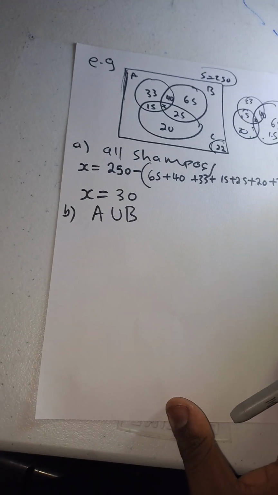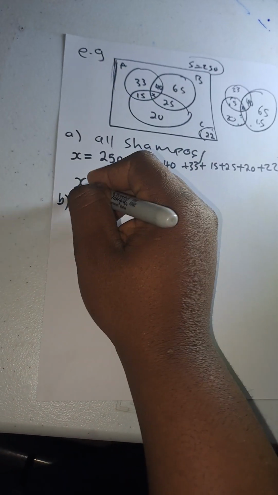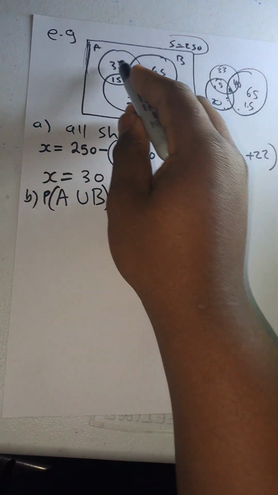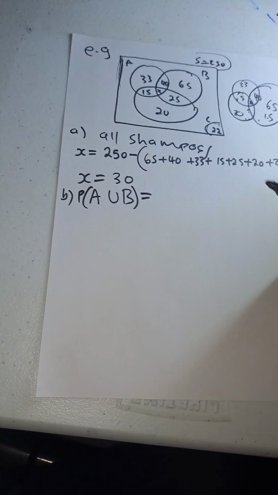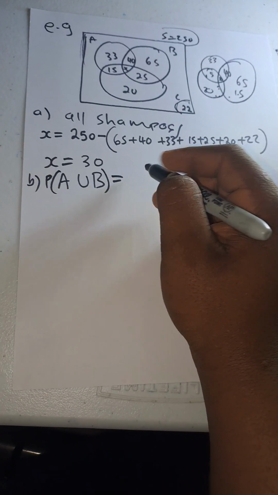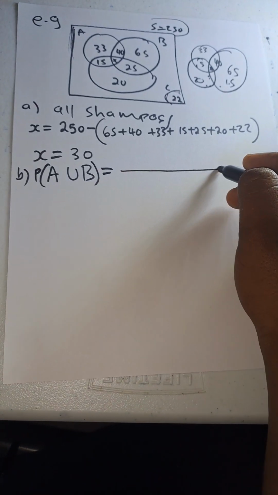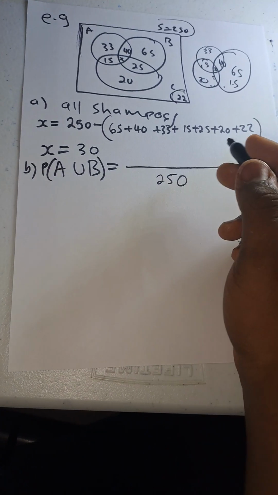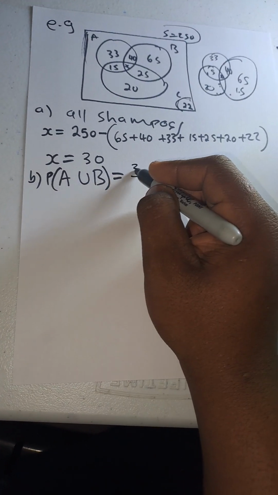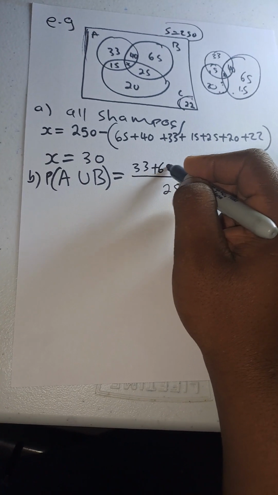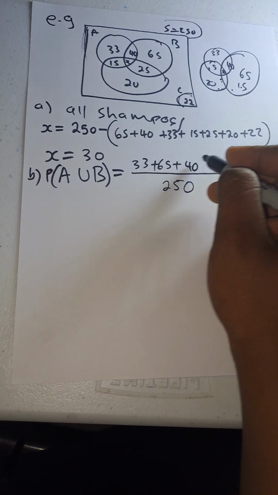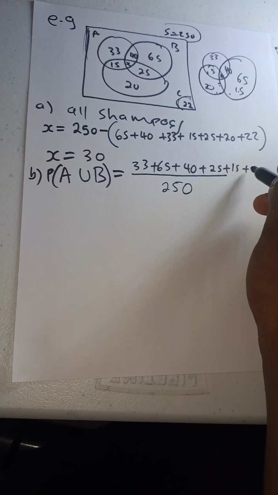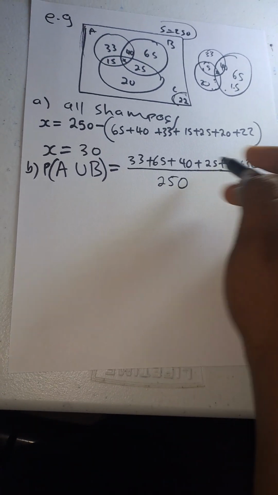A or B. So the probability of A or B is gonna be like this. I'm gonna add all the numbers that you see here related to A and B. Remember, favorable outcome over total outcome. So I have over 250 already. I'm gonna say 33 plus 65 plus 40 plus 25 plus 15 plus 30, because you just got the value.